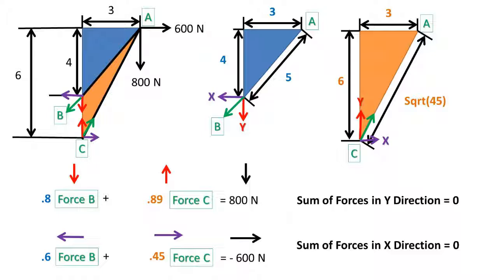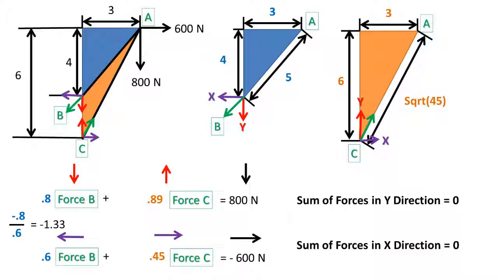Basically, we need to multiply one of the equations by a constant to result in a 0 when added to the other equation. So we see here that if we want to cancel out the 0.8 in front of the force B in the first equation, we must get a constant in front of the force B variable in the second equation equal to negative 0.8.